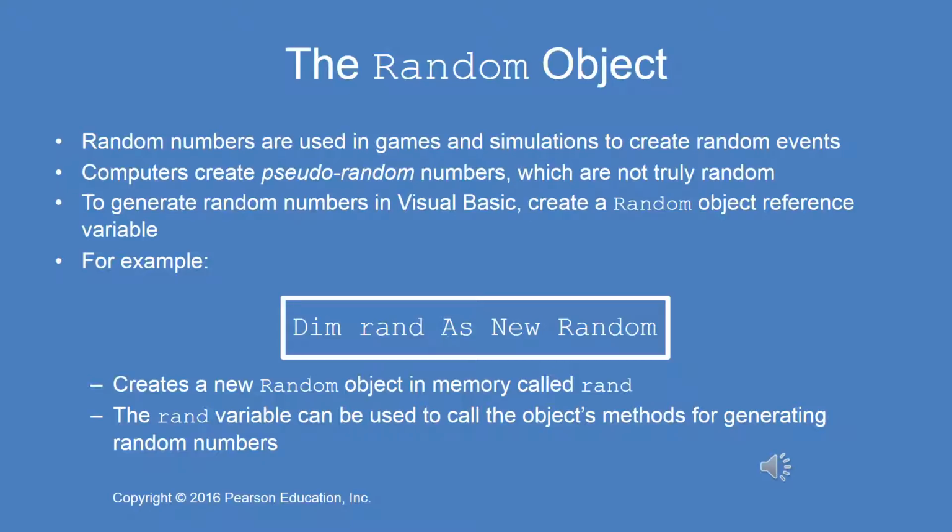So to generate a pseudo-random number in Visual Basic, we create a random object reference variable. So, for example, we're declaring rand as a new random, creates a random object in memory called rand. The rand variable can be used to call the object's method for generating random numbers.